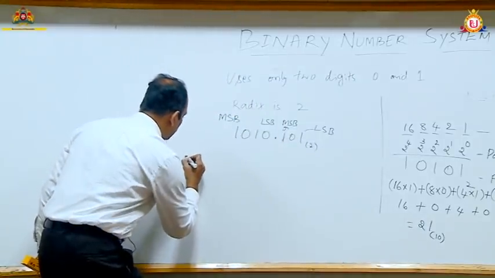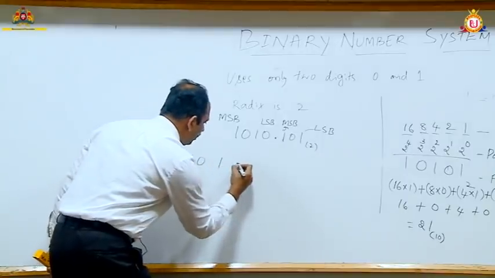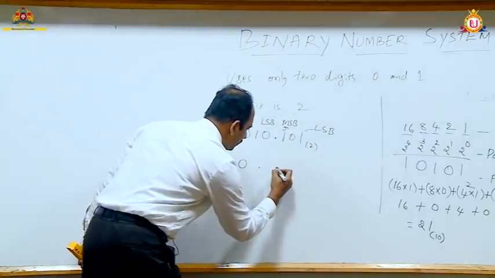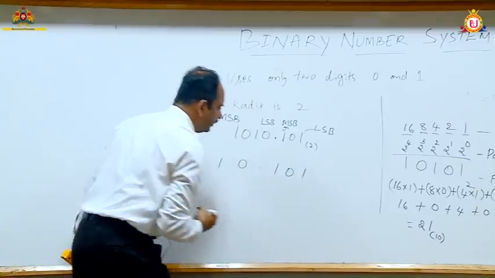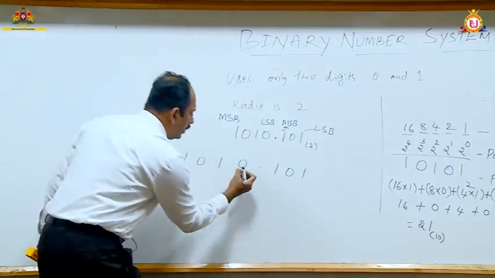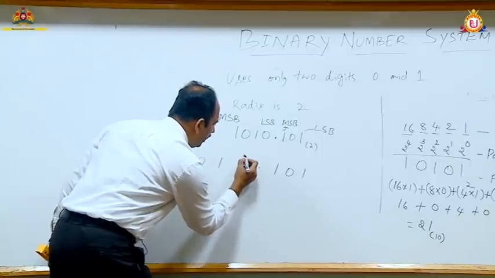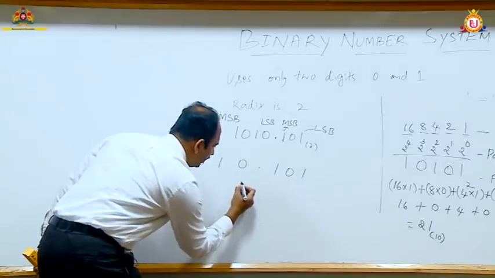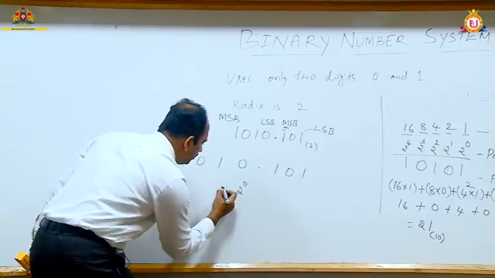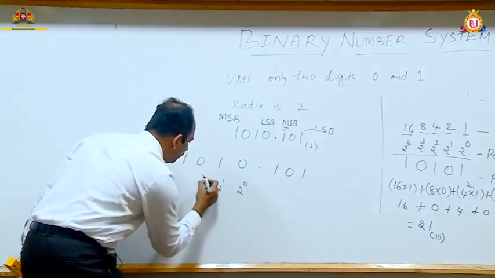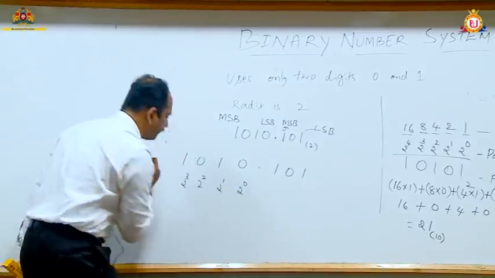Okay. Now you write the positional value of these digits. That is 1 0 1 0 dot 1 0 1. Positional value of 0, I can write at the bottom, 2 to the power of 0, this is 2 to the power of 1, this is 2 to the power of 2, and this is 2 to the power of 3.